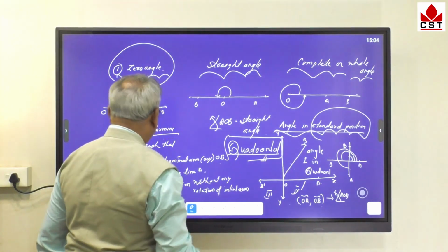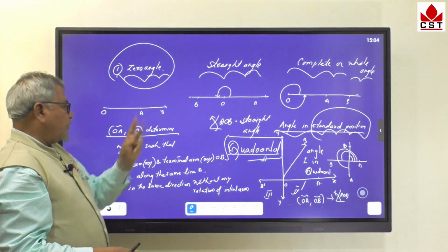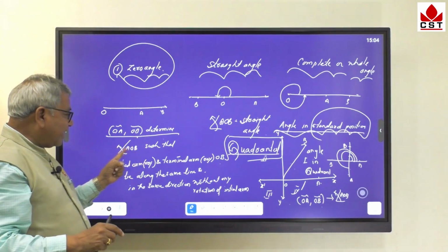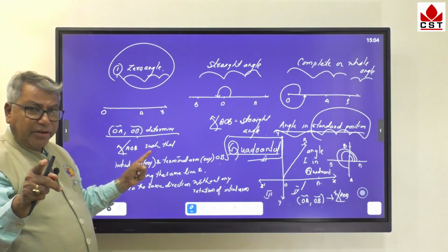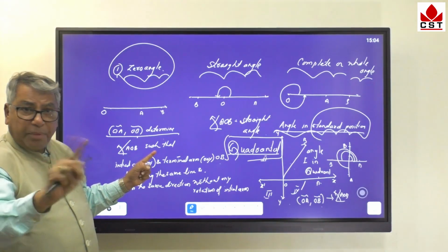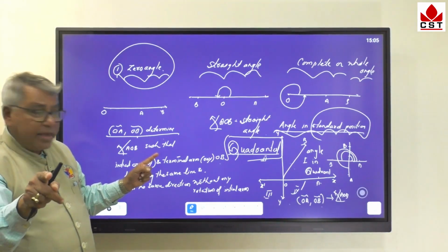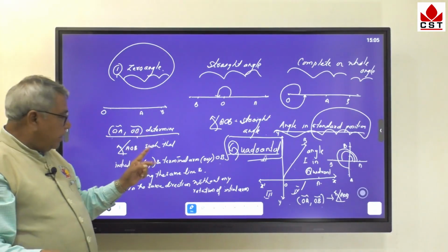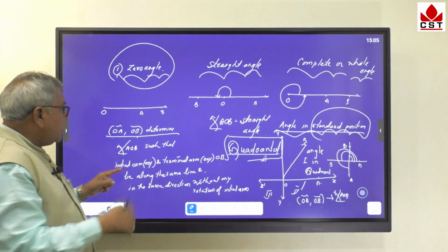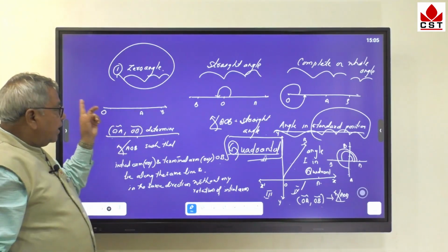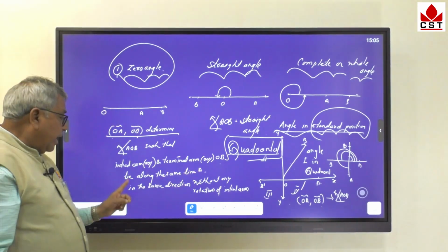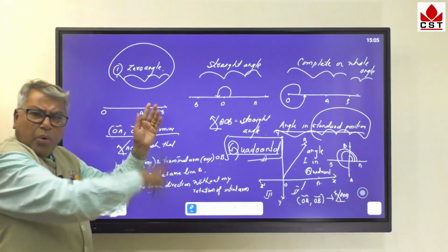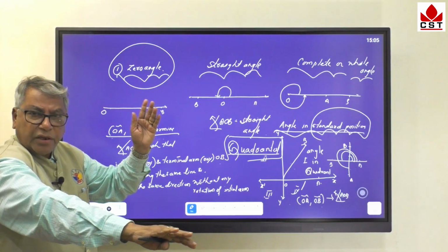Now listen here, revise. First of all, ray OA, ray OB determine directed angle AOB, right? AOB, no BOA. AOB, OA to OB, such that initial arm ray OA, terminal arm ray OB lie along the same line and in the same direction without any rotation, no rotation, zero angle.